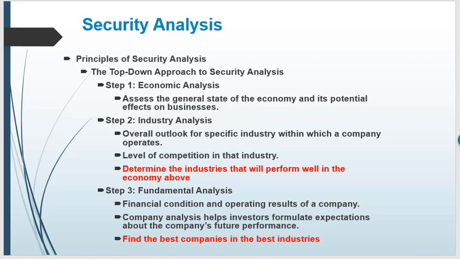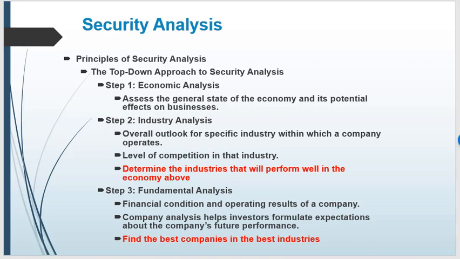So generally speaking, we analyze the industry or the economy, and then we say, look, what are the top 10 industries based on this economy? So now we have 10 industries out of maybe 100 or 150, depending on how you count them. So we have 10 industries to look at that we have identified as probably performing better than others.